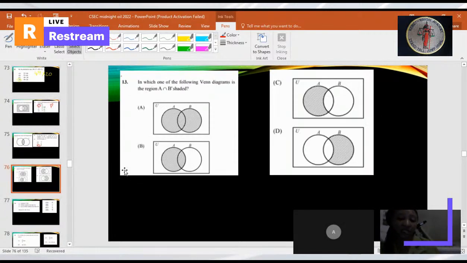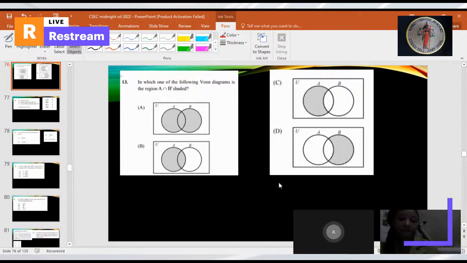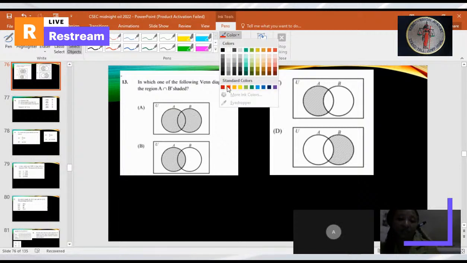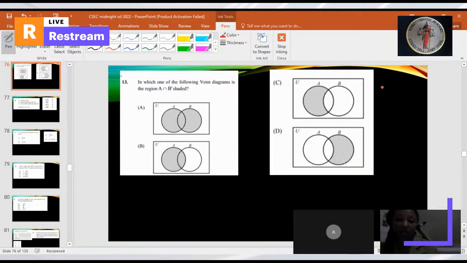All right, number 13. In which one of the following Venn diagrams is the region A intersect B complement shaded? They have A intersect B complement. What do we mean by A intersect B complement?